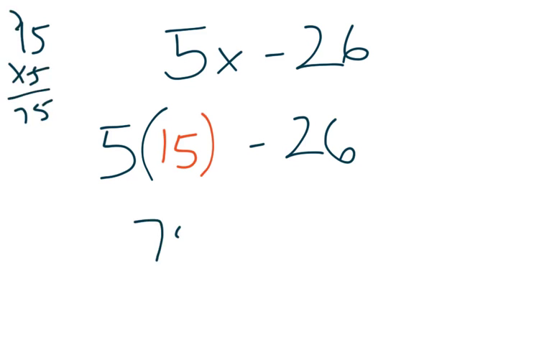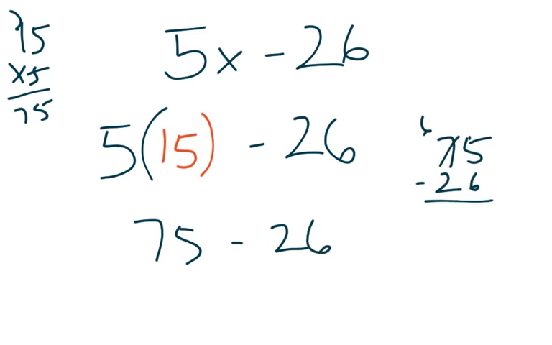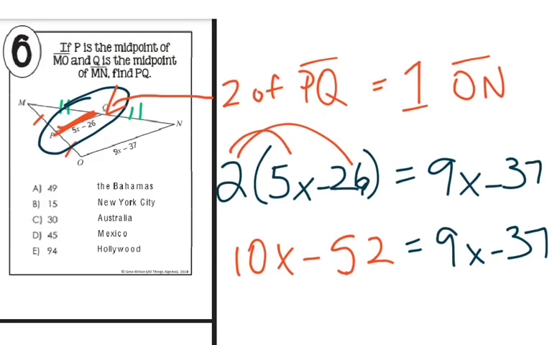Yeah, so 75 minus 26, which I have to do this too. So 15 minus 6 is 9, and 6 minus 2 is 4. So this will be 49. So that would be the Bahamas. So when you're filling out your math lib, the answer for number 6 will be the Bahamas.